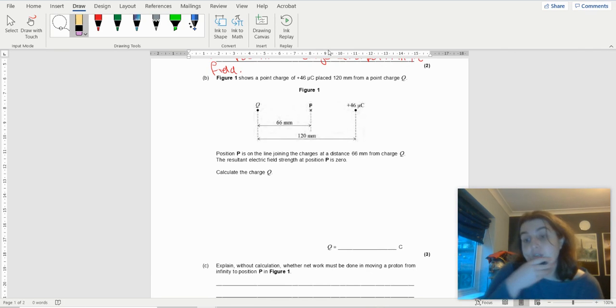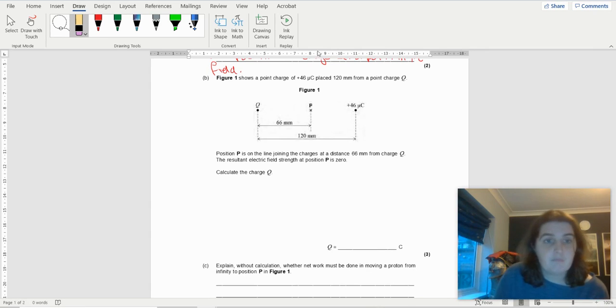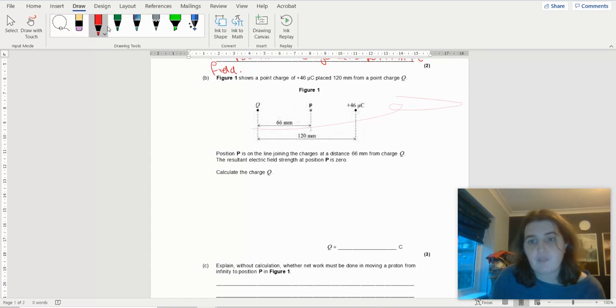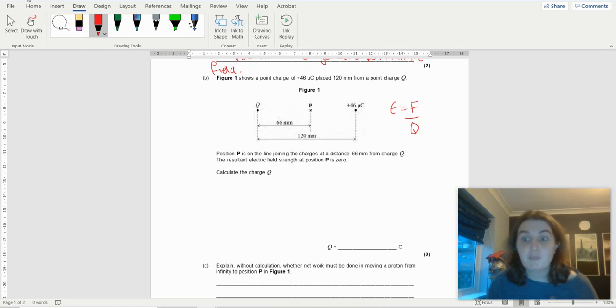So since field strength is E equals F over Q, having a bit of a mare there. There you go. E equals F over Q. That means at that point, for there to be 0 field strength, there must be 0 resultant force. So whatever this point is, if I put a positive charge there, it will be repelled by this one this way.